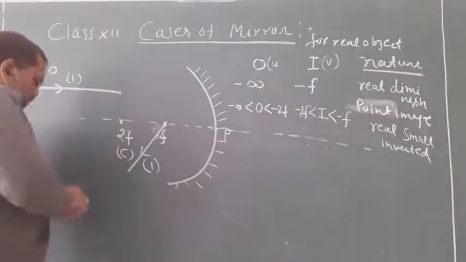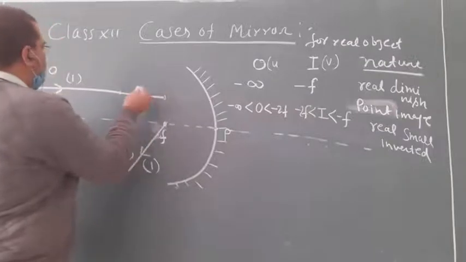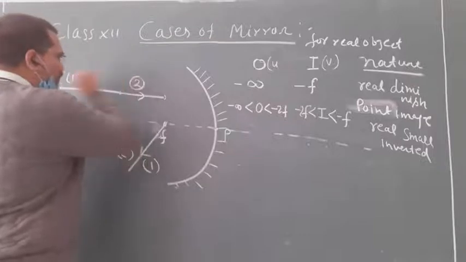Now we further move 2f to f. This is the second diagram.